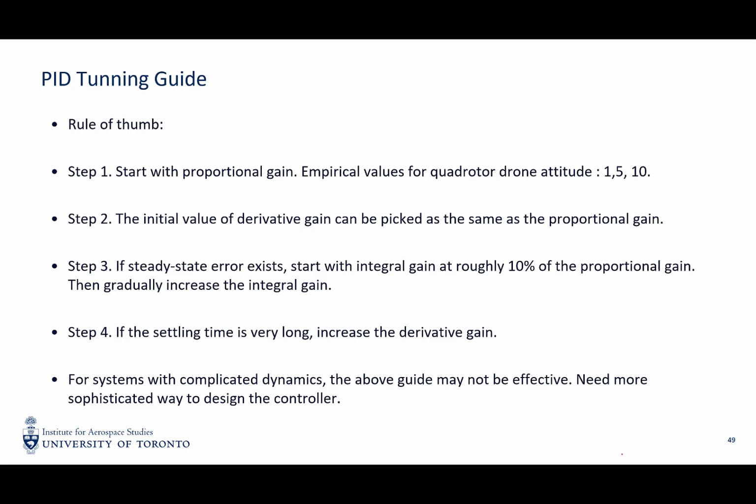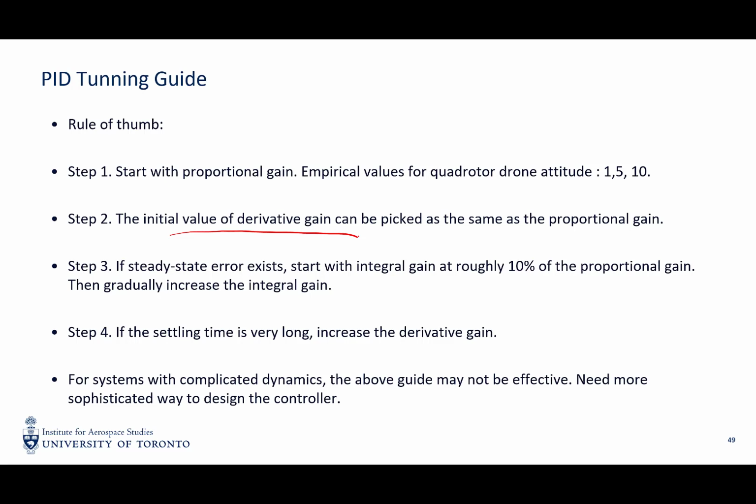For quadrotors, you can pick 1, 5, or 10. And then after that, you pick the derivative gain, such that the final value settles down at some steady state value. Even if there's a steady state error, it should be fine at this stage.